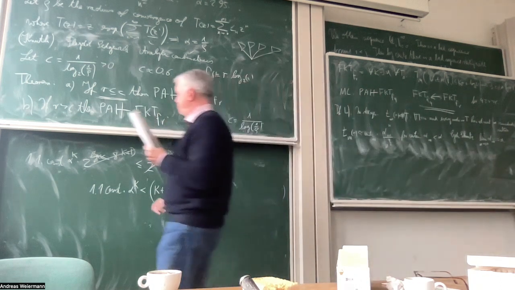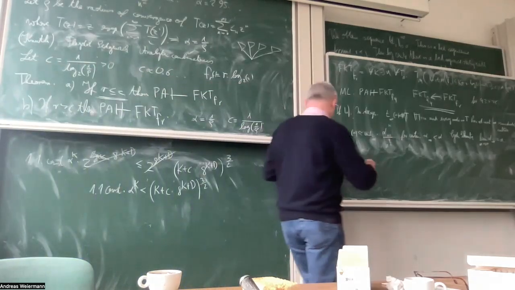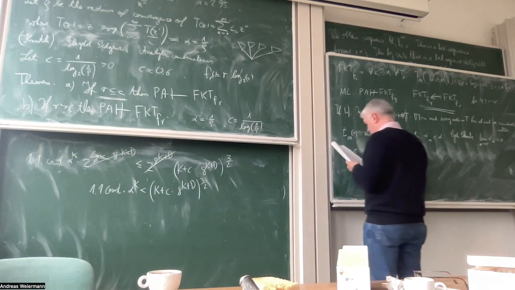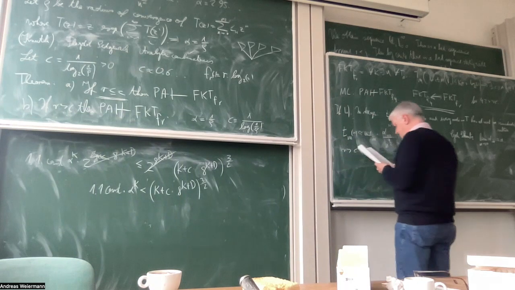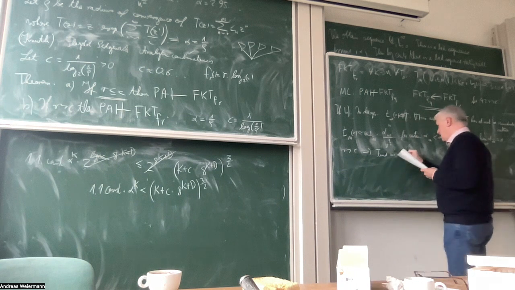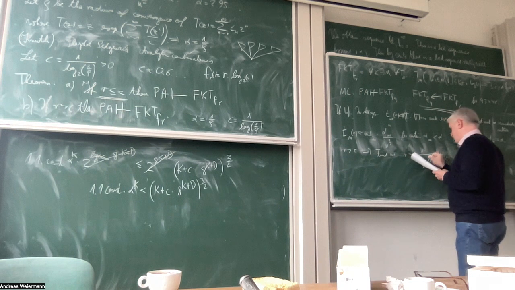We want to prove B, R is bigger than C. This means find number m such that R is bigger than 1 divided by the binary log of alpha m.